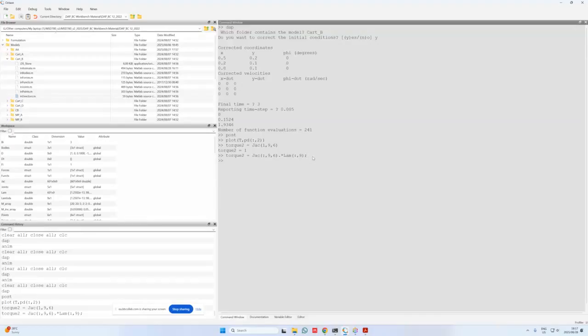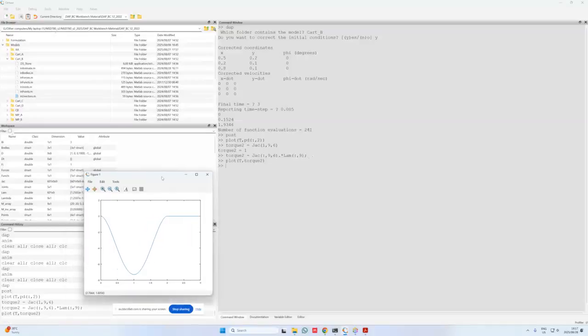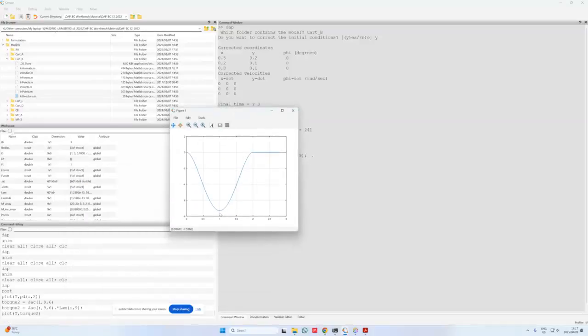I can hit enter, and now it calculated torque 2 in the background, and now I can simply plot this versus time. So I'm just going to say plot t on the x-axis, and let's do torque 2 on the y-axis. If I hit enter, then this is the result that I get. So the torque on body 2 starts at 0.